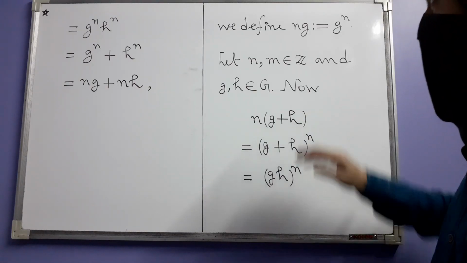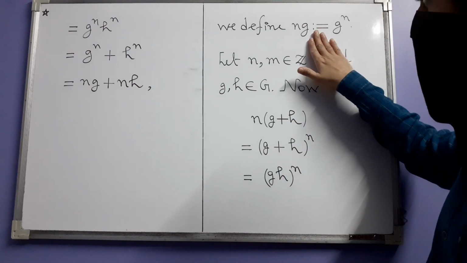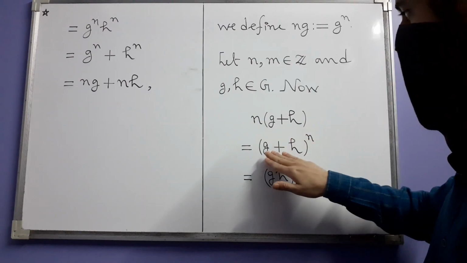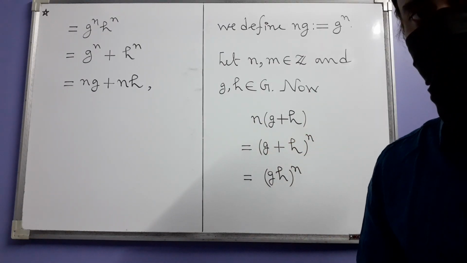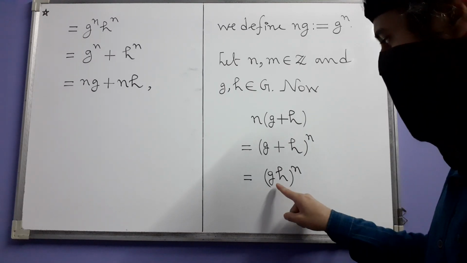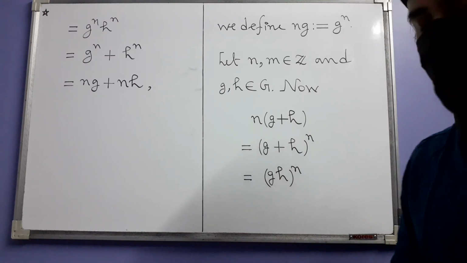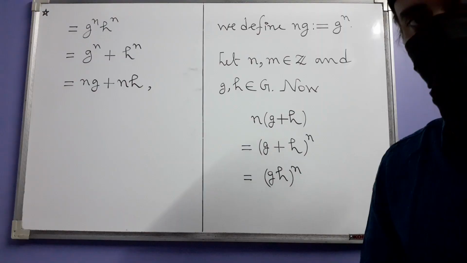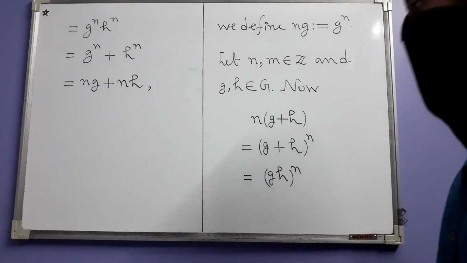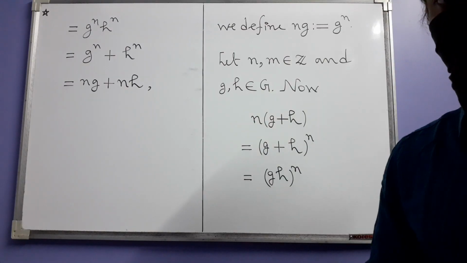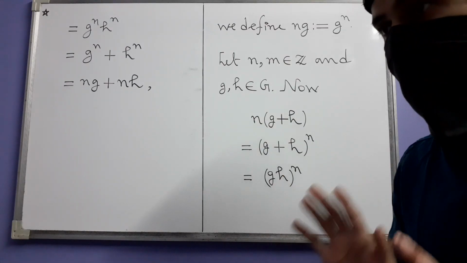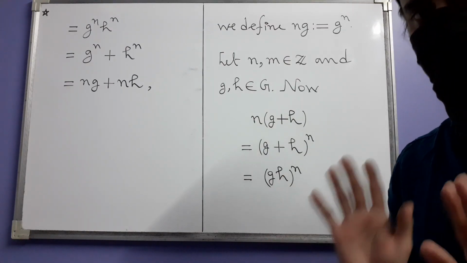Alright. Now by the definition of this product, n times g plus h is the nth power of g plus h. But then suddenly in the next step, why did I write gh? This looks like multiplication. Well, the thing here is that this is the binary operation in g. Here I have chosen to not write the binary operation. That's it.